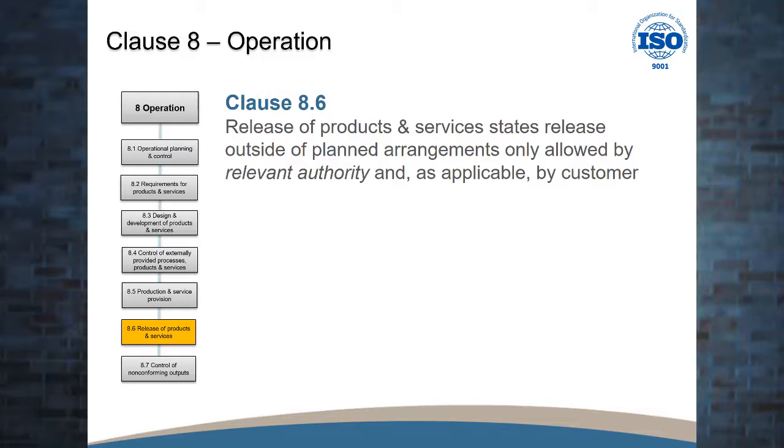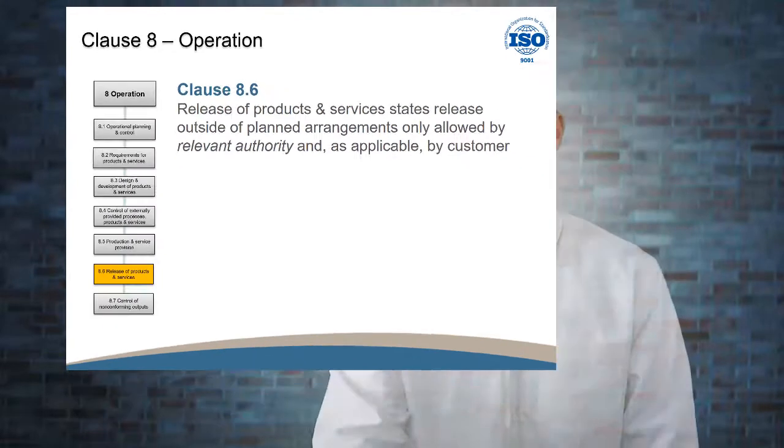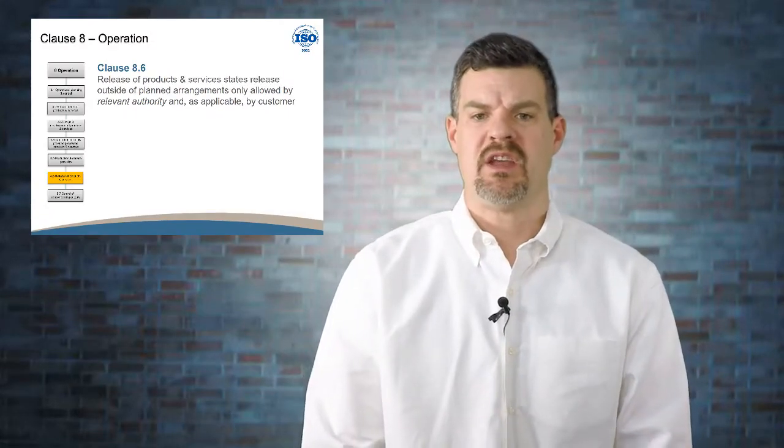So Clause 8.6, release of products and services. So this states that release outside of planned arrangements are only allowed by, again, here's this authority, relevant authority, and as applicable by the customer. So that needs to be determined up front. What changes can you make?